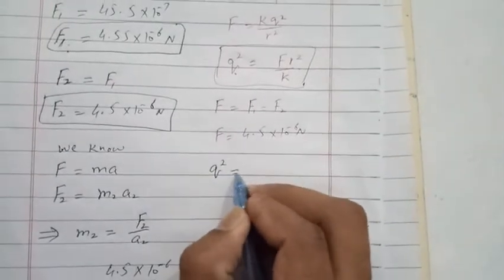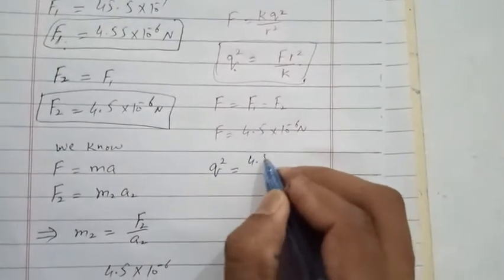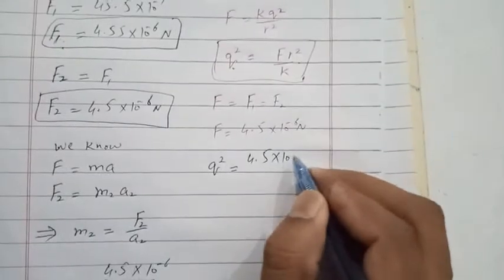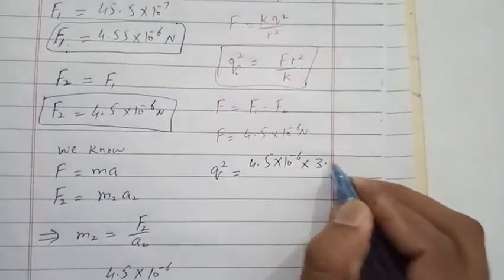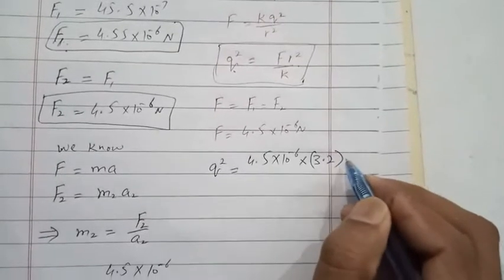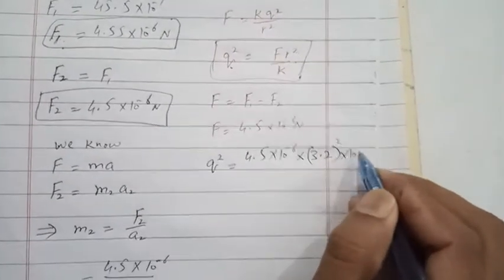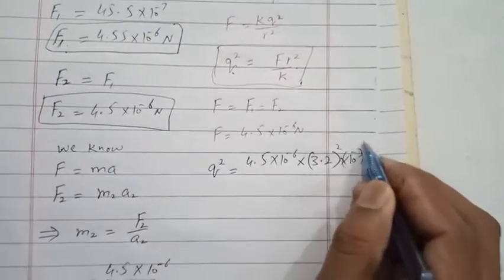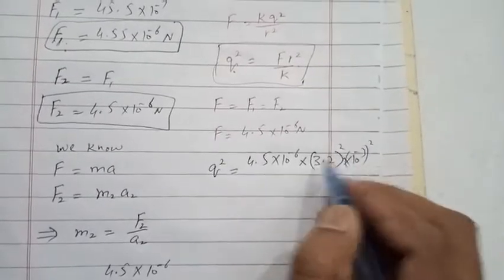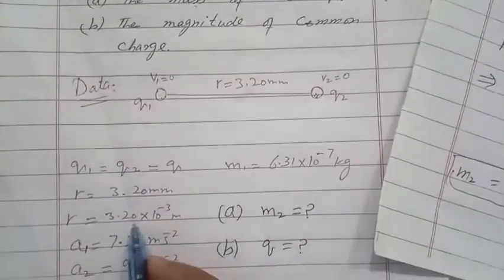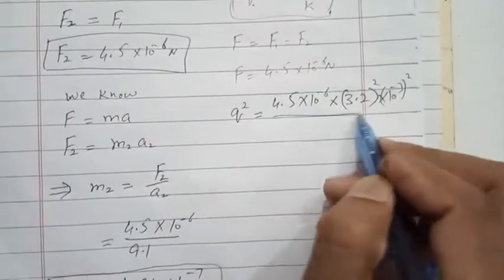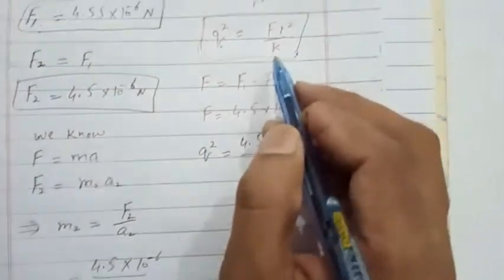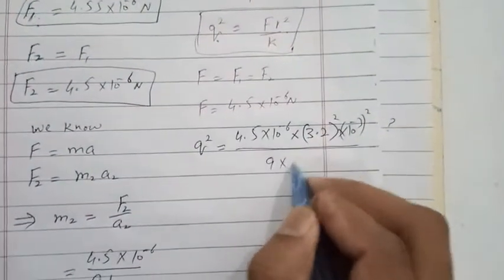I get Q square is equal to the value of force, 4.5 into 10 to minus 6, multiplied by the square of distance, that is 3.2 into 10 to minus 3 square. This is the distance in meters, and k is the proportionality constant and its value is 9 into 10 to 9.